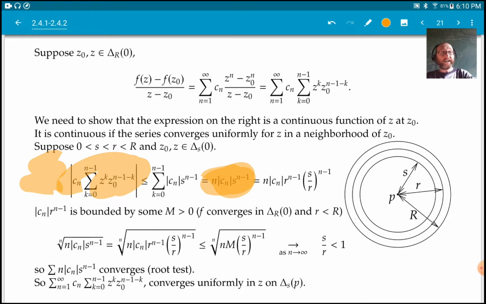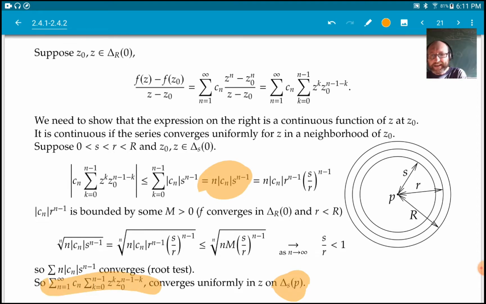And this guy over here doesn't depend on z and z naught. So this is uniform: z can move uniformly in this S disk. And so this guy converges uniformly in this disk.